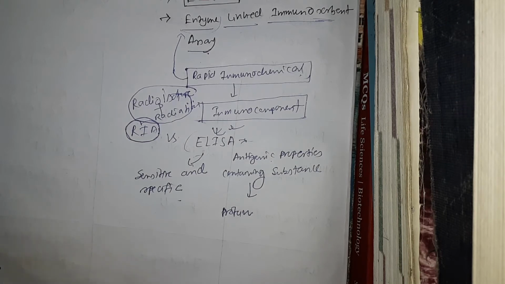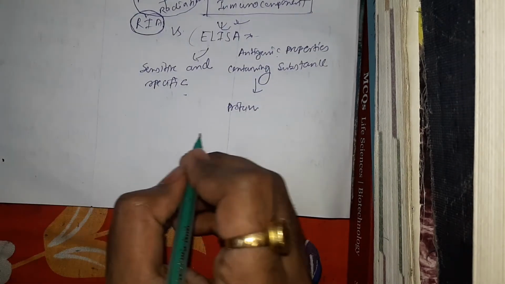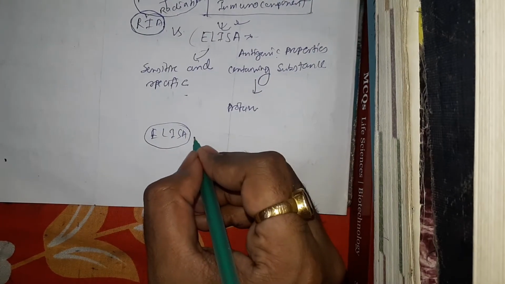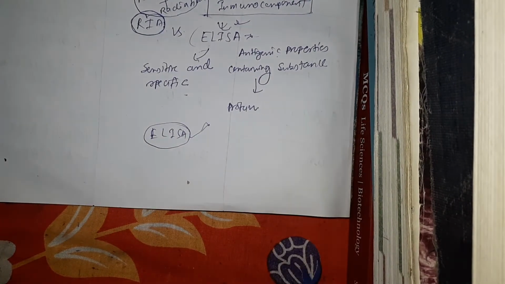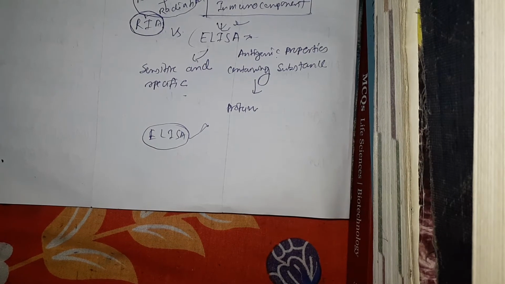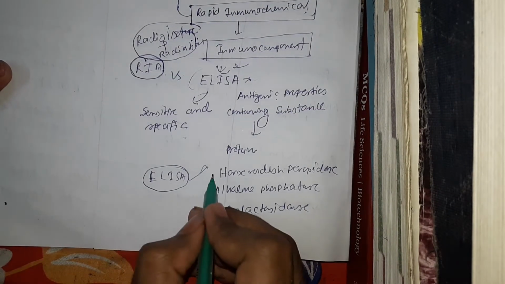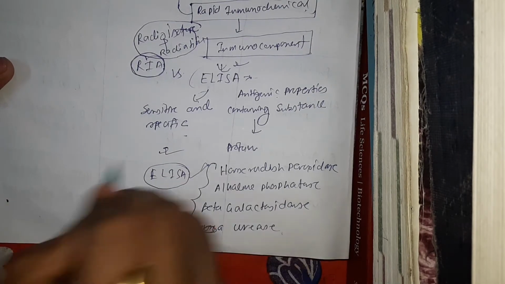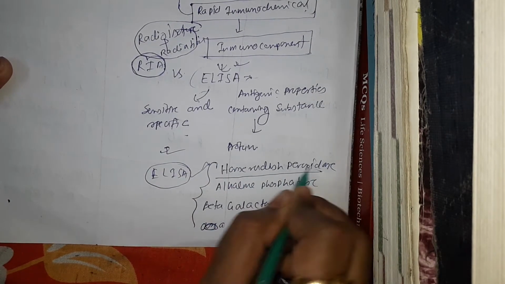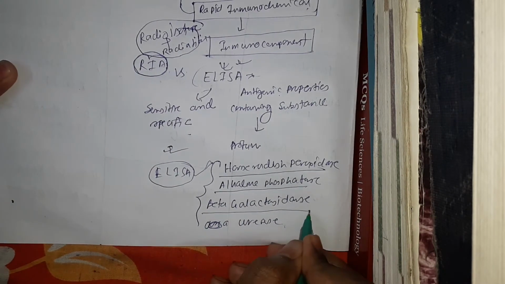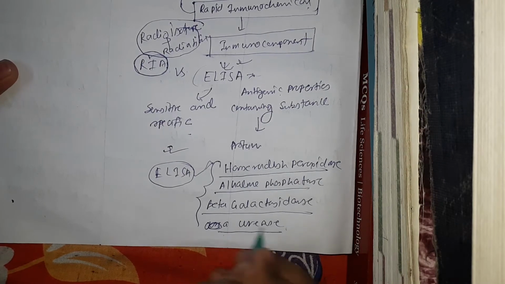As we have talked about, in ELISA we are going to take the help of some enzyme linked molecule. So it is now necessary to find out what those enzymes are. Let me write it first. These are the enzymes that we usually use in ELISA. One is horseradish peroxidase, second is alkaline phosphatase, third is beta galactosidase, and the fourth is urease.